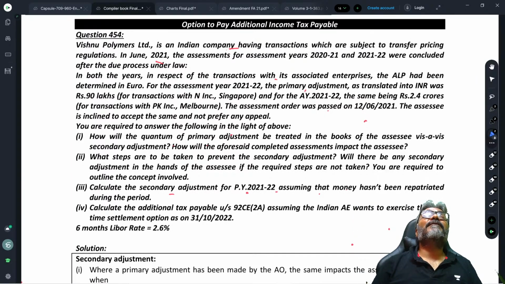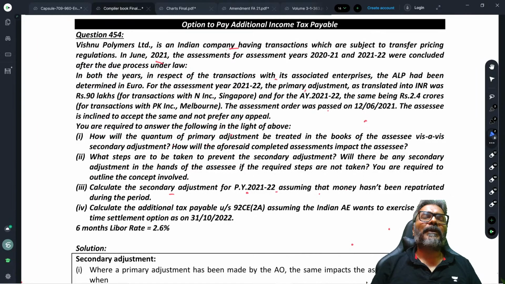And the 3 are, say for example, if the assessee himself has done the suo motu adjustment, in that particular case, the relevant date to be considered would be the due date of the filing of the ROI. So whatever is the due date of the filing of the ROI, that would be the date that has to be considered in this regard.